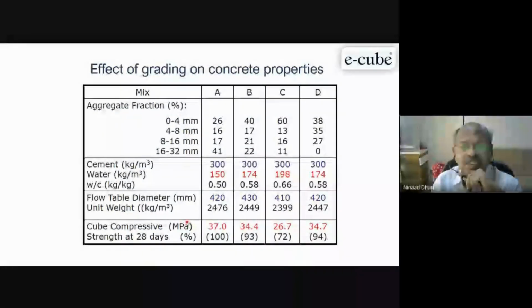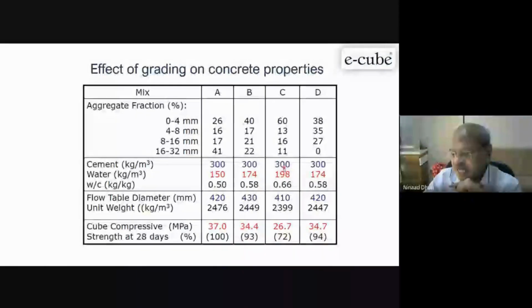Here also, this is one study conducted in our R&D division at that time. You can see here cement content is the same, 300 kg. Now here fractions are varying. Here 26% is 0 to 4 mm and here 60%. This is coarser, this is finer. Now see the water demand here and see the water demand here.